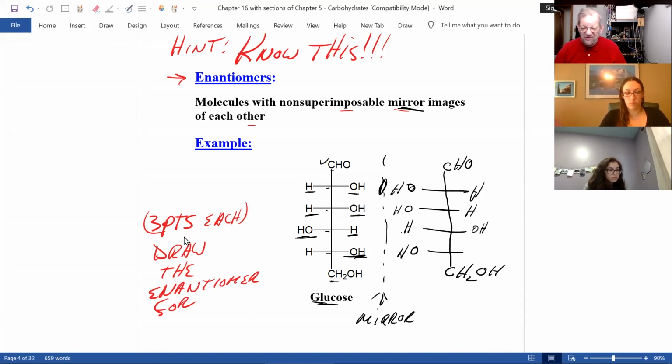Hydroxyl group. I'll see that first. That's closest to the mirror. What's farthest away? Hydrogen. And this would be the enantiomer of glucose.